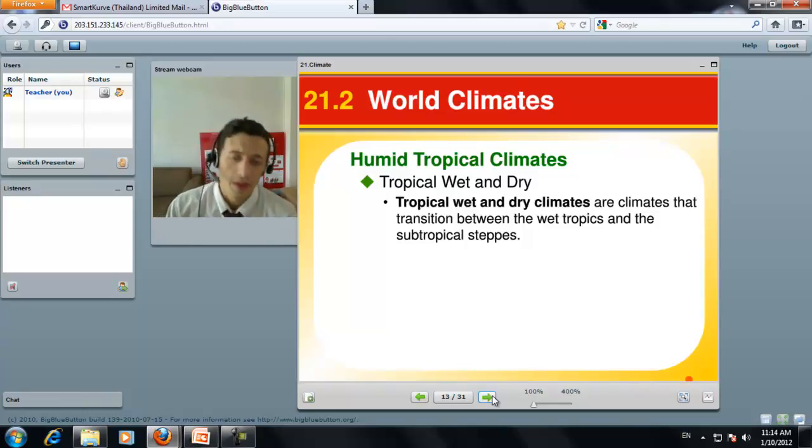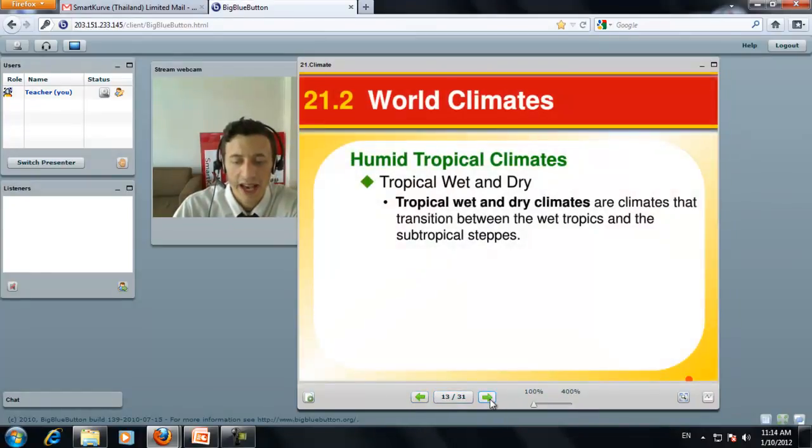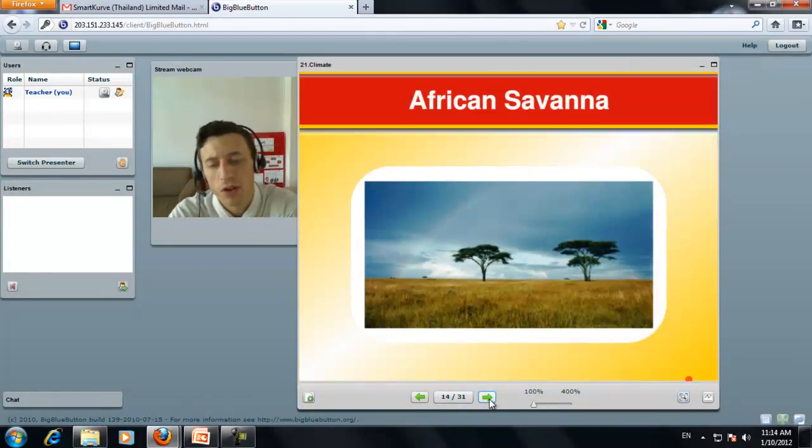Moving on, continuing with our humid tropical climates. Tropical wet and tropical dry climates are climates that transition between the wet tropics and the subtropical steppes. If you want to look at an example of tropical dry, on the next slide, number 14, we see an African savanna. Notice the difference there between the rainforest on slide 12 and this grassland on slide 14.